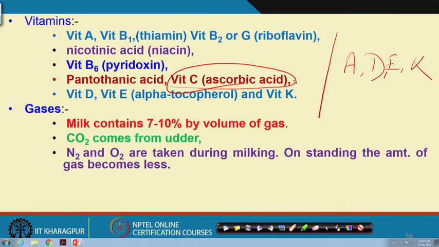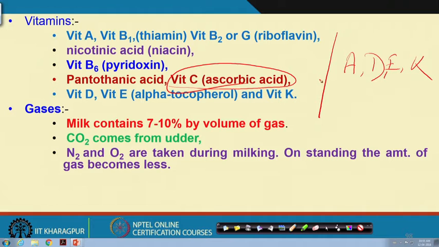You see, it could have been more, but this is a natural product. So, nature has made it in such a way. Vitamin C is normally ascorbic acid, so this is an acid component.